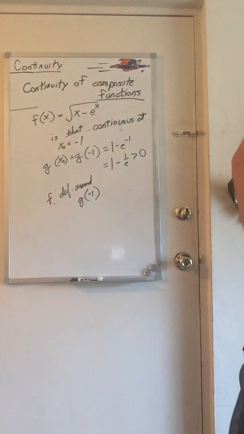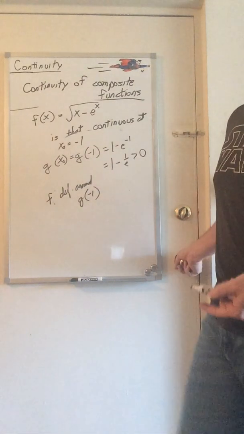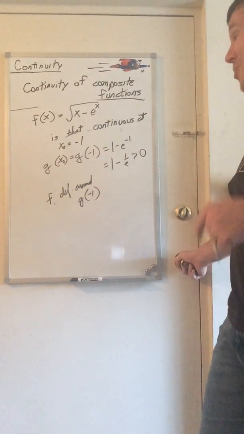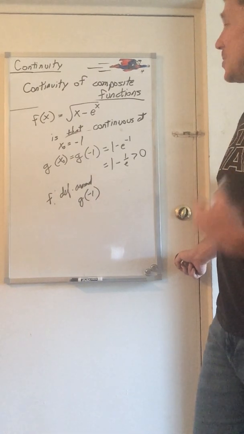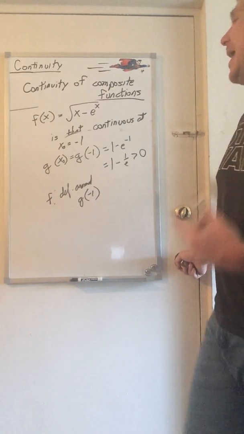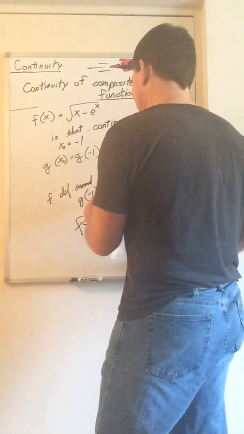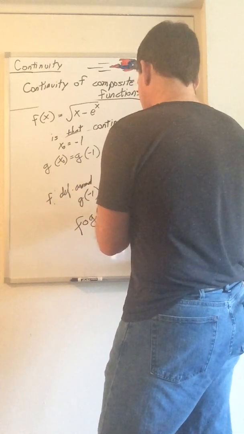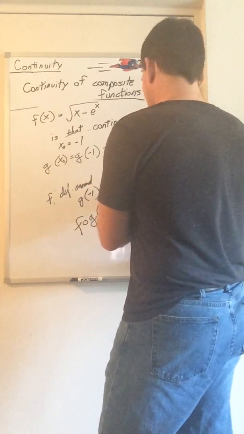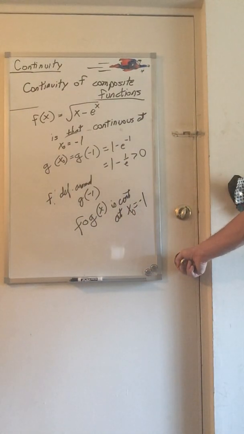And since f is just the square root function, it will definitely be continuous at whatever point we get. So then this will definitely be continuous. And then we can say the composition f circle g of x is continuous at x sub 0 equal to negative 1.